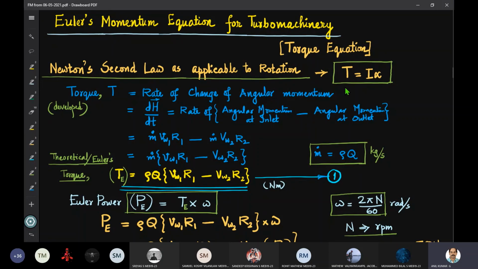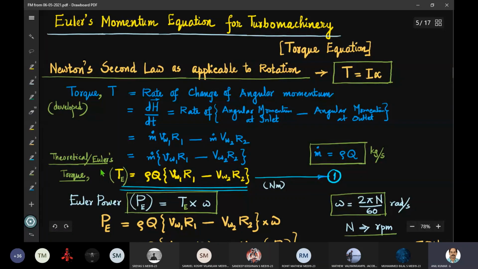Here, instead of force, you have torque in the context of rotation. So torque is equal to the derivative of the angular momentum, let's say h, with respect to time, dh by dt. This equality is used when we employ SI units. Otherwise, we say torque is proportional to the rate of change of angular momentum.